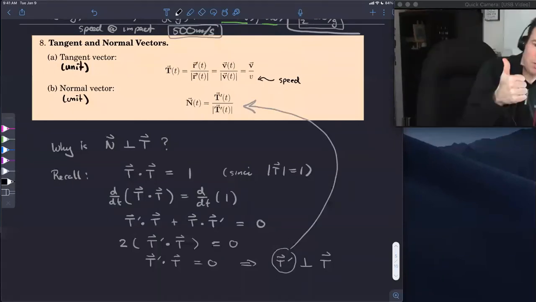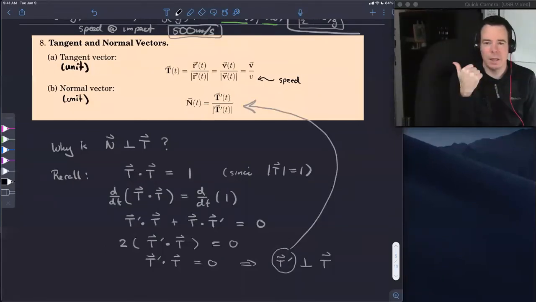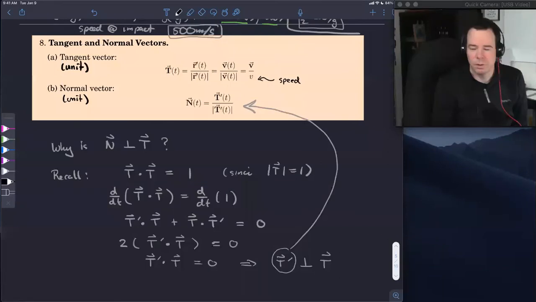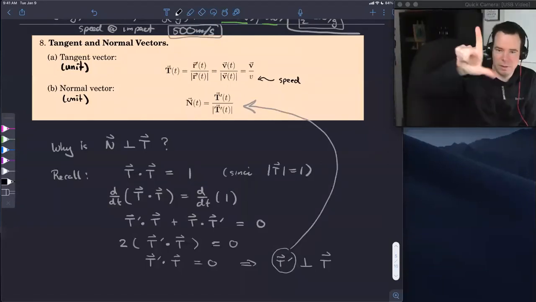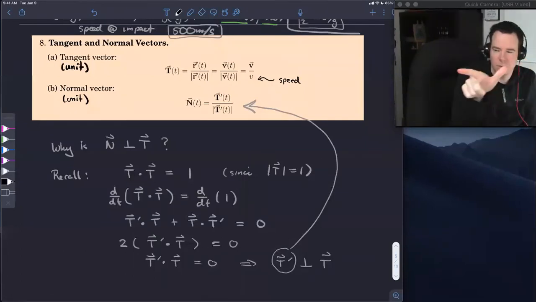So I've got a tangent vector along the curve, and a normal vector along the curve. So I've got 2 vectors. Anytime I'm traveling along the curve, I've got these 2 vectors that are always perpendicular to each other. One points along the direction of the curve, the other one points normal to the curve.